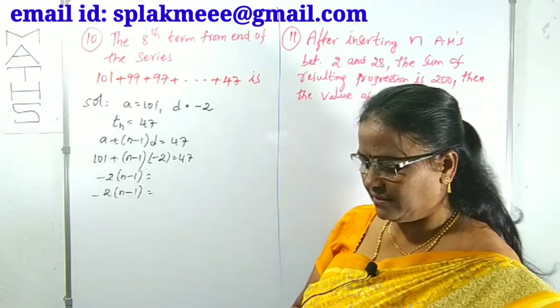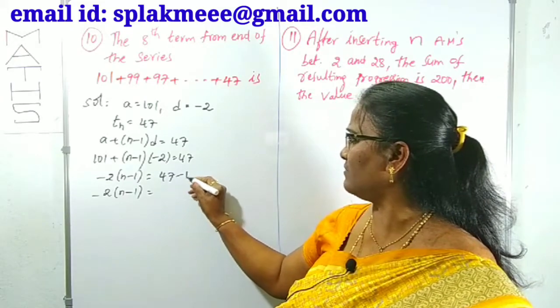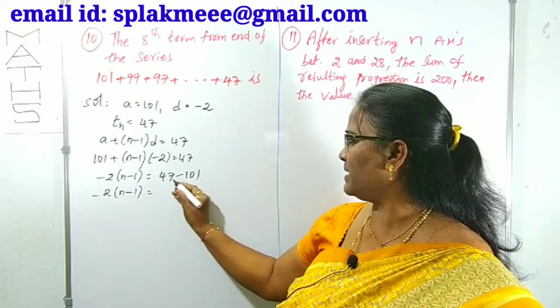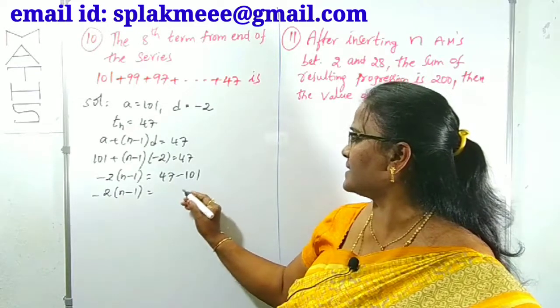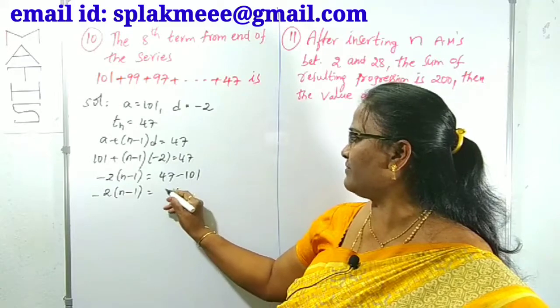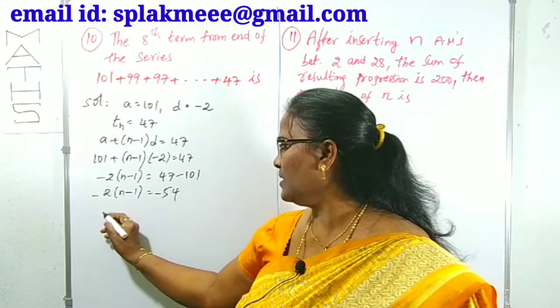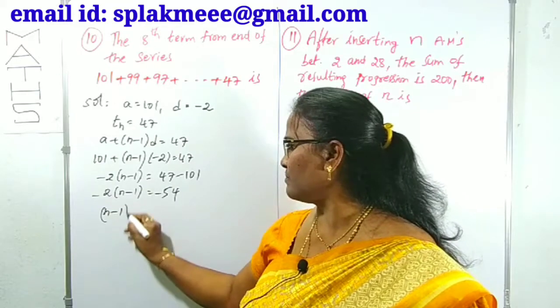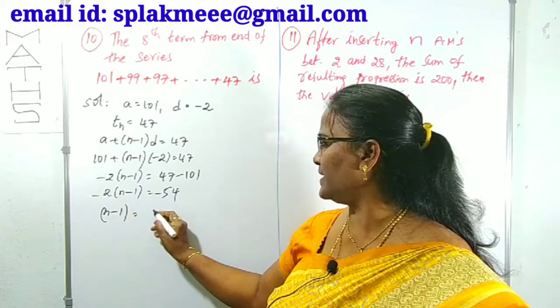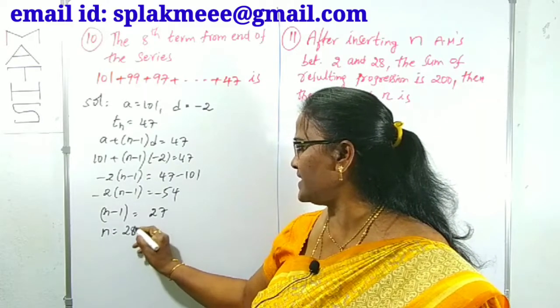What will come here? 47 minus 101, right? 7 minus 1 is 11, minus 7 is 4, 9 minus 4 is 5, so 54, with the minus. Now n minus 1 equals, minus cancels and 2 cancels here, 27 times. From this, what is the n value? It is 28.